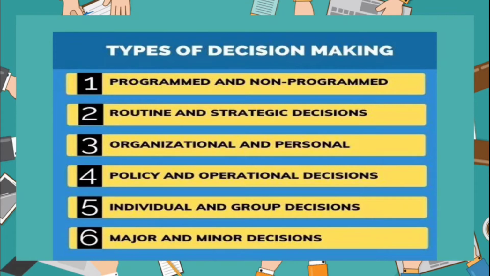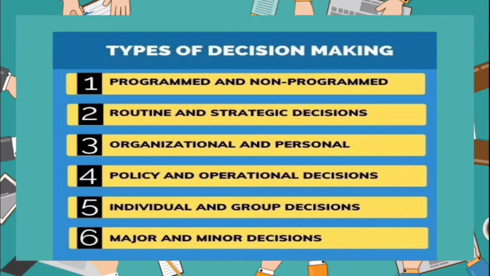Routine decisions, as the name suggests, are taken on a daily basis to support the operational activities, like the number of employees required to run an assembly line, or the different units of raw materials required to operate an assembly line.